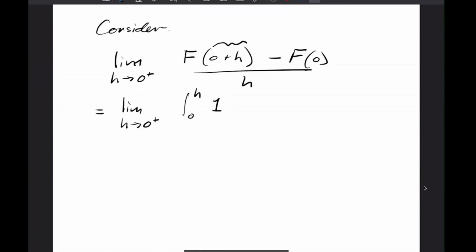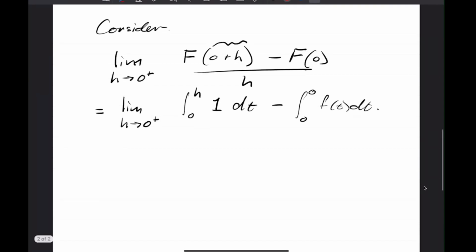So this is going to be the integral of 1 dt minus the integral from 0 to 0 of little f of t dt. But this is an integral over an interval of 0 width. So that is going to be equal to 0.